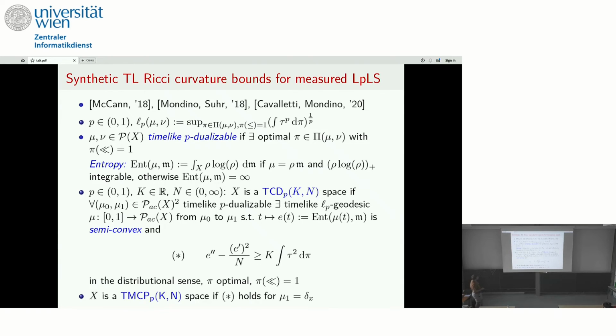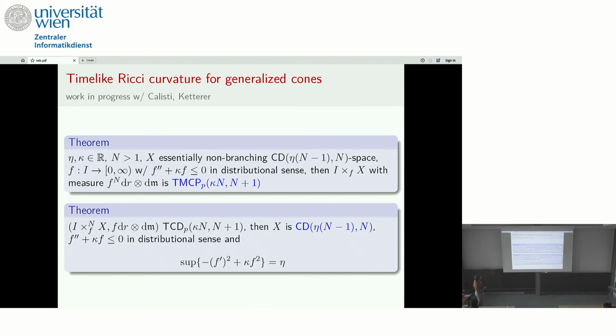Then you can also define the time-like measure contraction property if this holds, where mu_1 is just a delta at x, where x is in the future of the support of mu_0. Okay, and this is joint work with Matteo Calisti and Christian Ketterer.